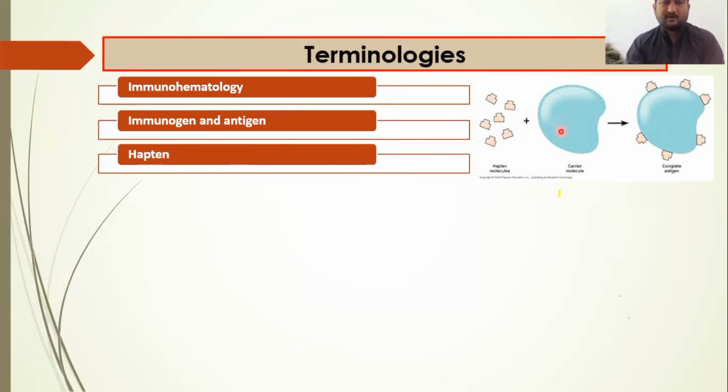So here in this diagram, you can see the low molecular weight organic molecules that are not antigenic, and the larger carrier proteins that bind with them. These low molecular weight antigens are called haptens. When these low molecular weight organic molecules bind with the larger carrier proteins, they convert into a hapten and become antigenic.